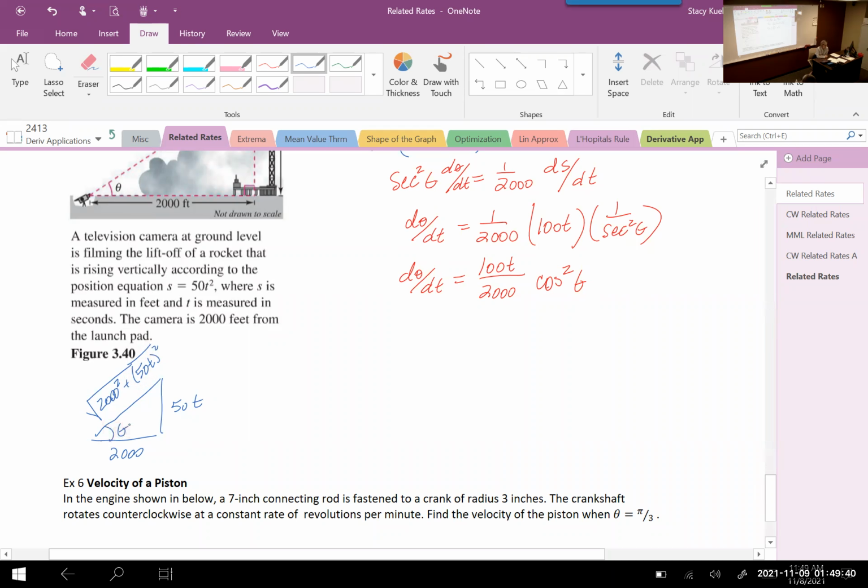So just like Sam said, if that's theta, then is it 50t or 50t squared? Yeah, squared. So cosine of theta has got to be 2000 over that hypotenuse: square root of 2000 squared plus 50t squared.